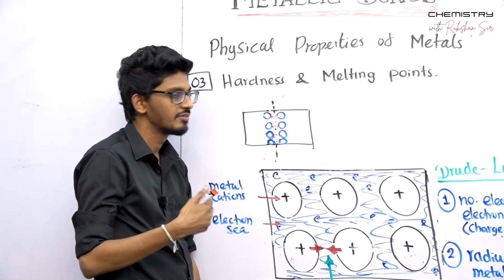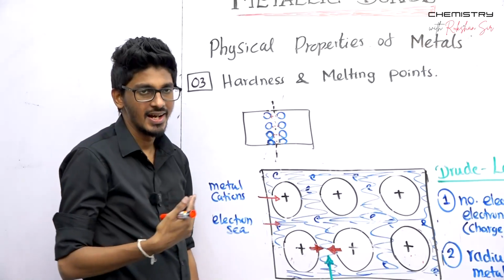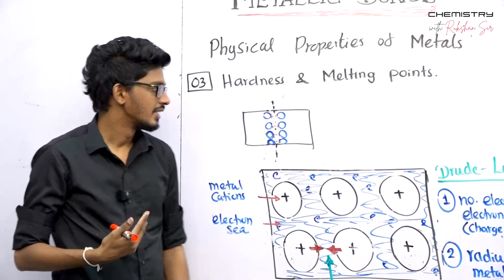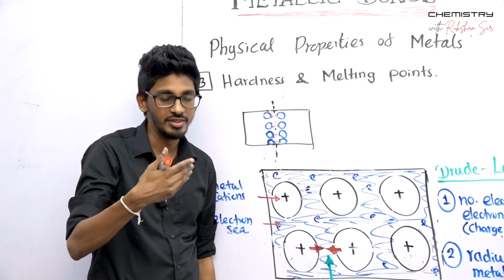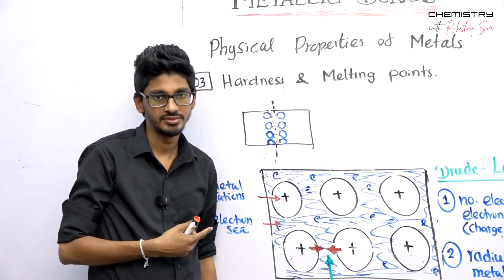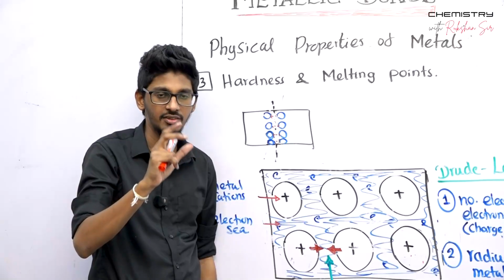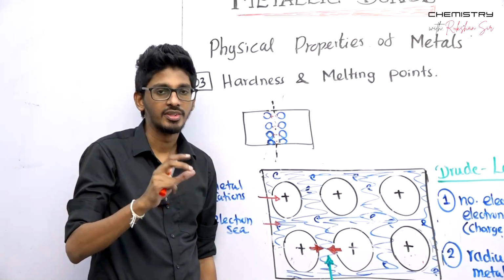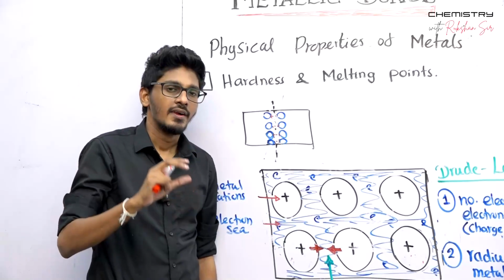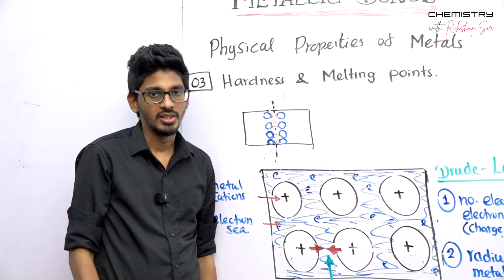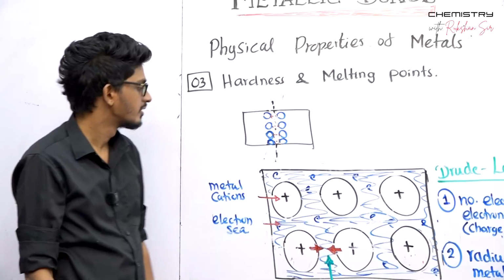So the materials are referred to as hard and soft due to the strengths of their metallic bonding. That thing varies due to the strength of their metallic bonding, right? That is the idea, right?